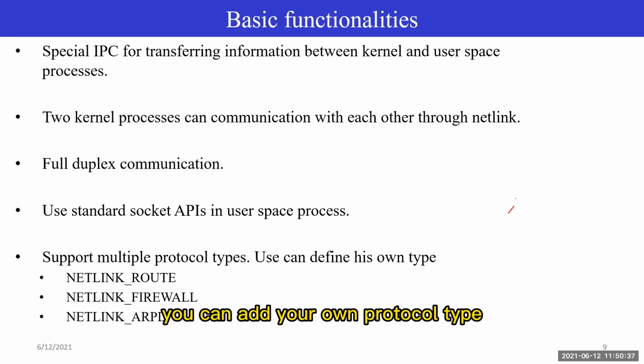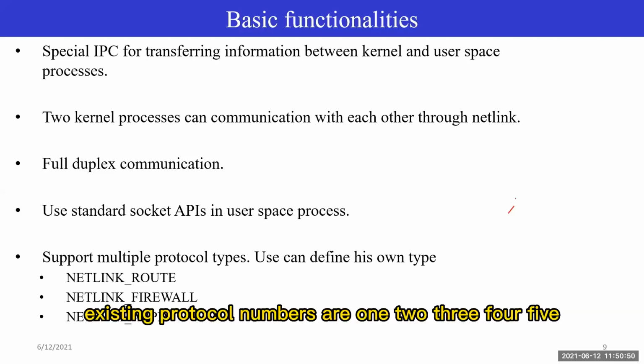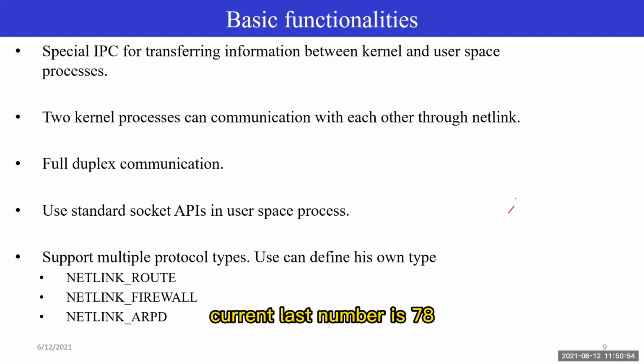Here, you can add your own protocol type. So for that, netlink.h must have that number. Say the existing protocol numbers are 1, 2, 3, 4, 5, and the current last number is 78. That means if you want to add your new protocol number, it has to be 79.